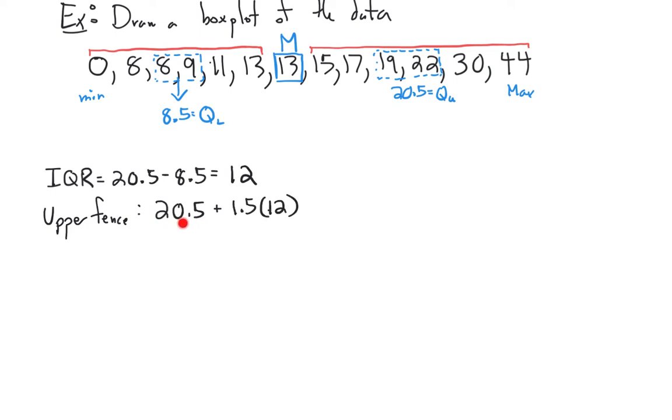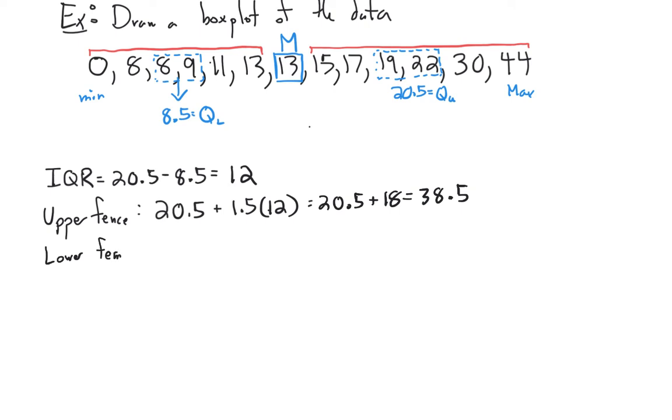Remember, 1.5 IQRs past the quartiles, that's our extreme values. So we work this out. This is 20.5 plus, well, 1.5 times 12 is 18. So this is 20.5 plus 18, so this is 38.5. And here, our lower fence.